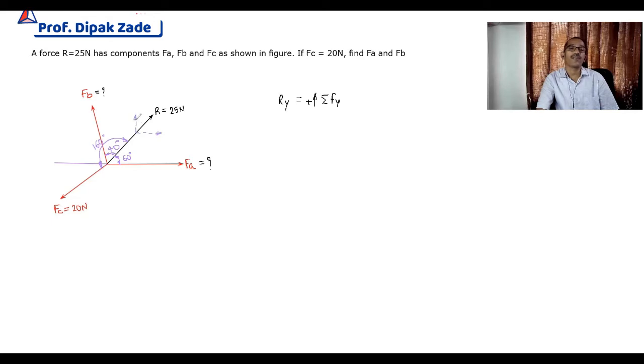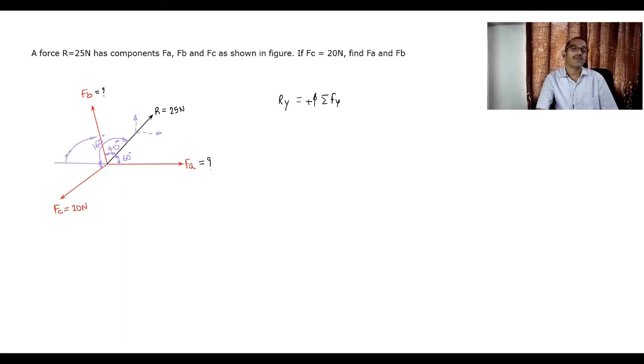Inclination is given as 60 degrees, so the horizontal component is R cos 60 and the vertical component is R sin 60. But for Fb, its inclination with the horizontal is not given directly, so we'll check whether we can find this angle so that we can easily resolve it.